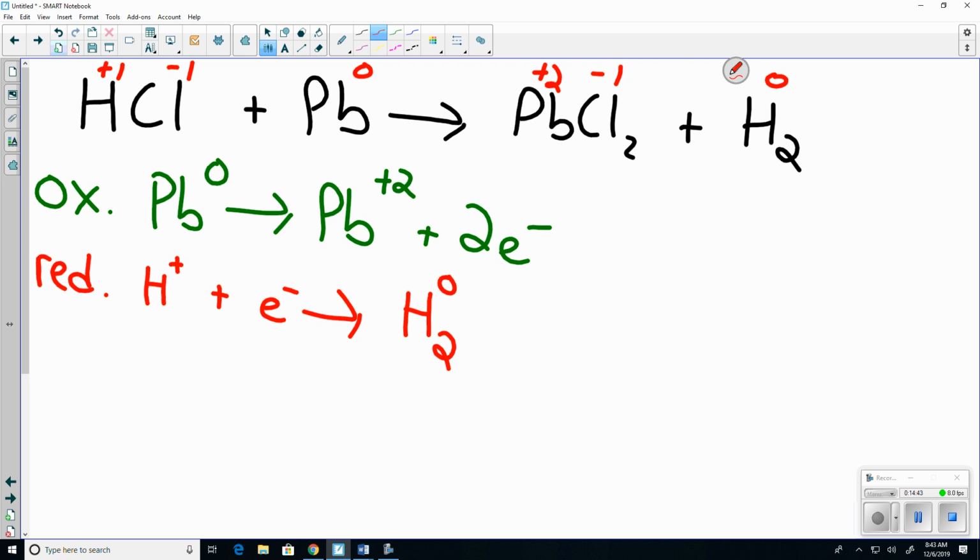So what I want you to keep your eye out for in this first practice round is diatomics. We have to write it as such, which means this is not balanced right now. I have to balance my number of atoms before I balance charges. So I have to put a 2 in front of my H+.